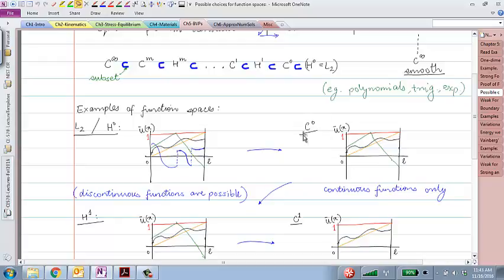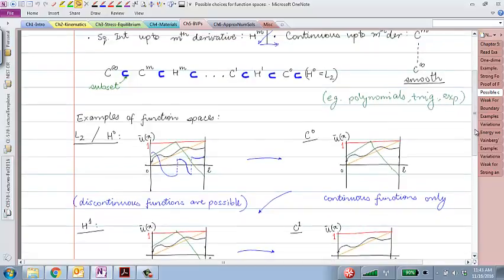That space of functions is the space of continuous functions. C0 functions are continuous functions. You can see there is this green function, which clearly is continuous, but its derivative at this point will be discontinuous, right? The slope is like this here and a different slope there, so there is a kink.